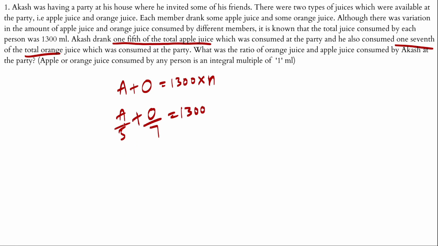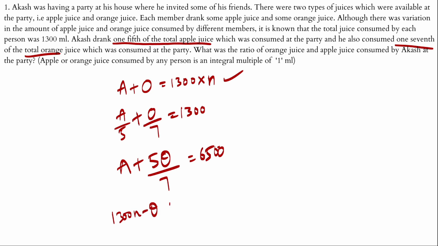If we multiply this by 5, we get A plus 5O by 7, which will be equal to 6500. From here we can say that A is equal to 1300n minus O. Let's substitute in this equation: A is equal to 1300n minus O, so 1300n minus O plus 5O by 7 will be equal to 6500.